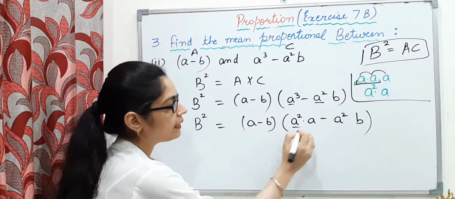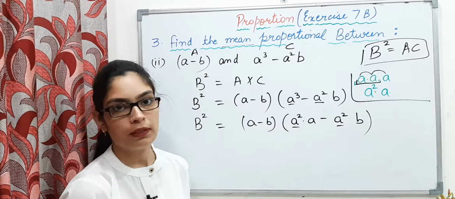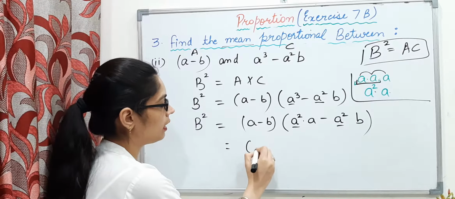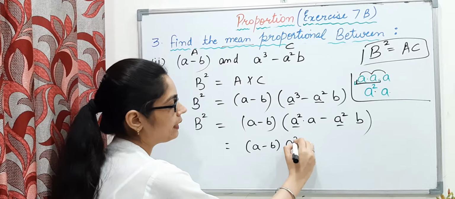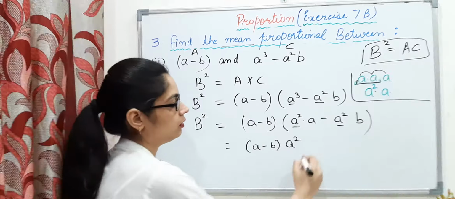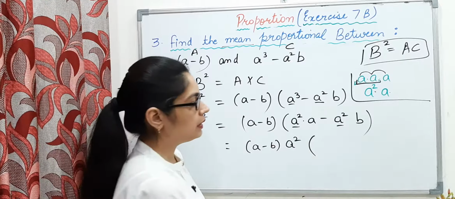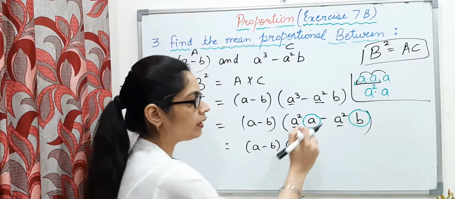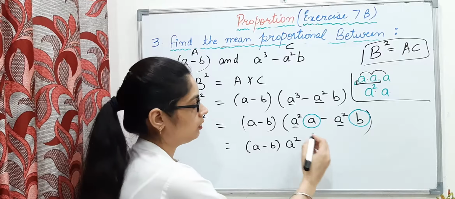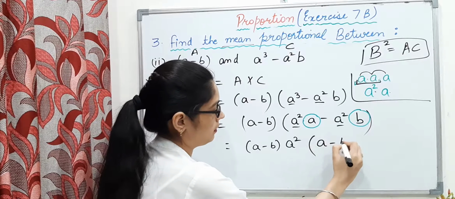Now we can see a square is there in both the terms. So what we can do, we can take it out. Write down a square. Now the remaining terms we can write as it is, here a and here b, because a square we have taken out. Then a minus b.